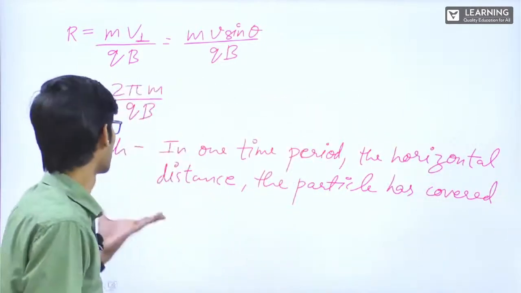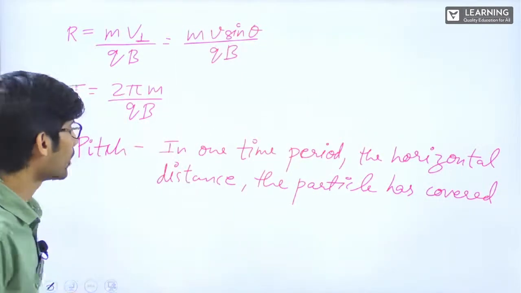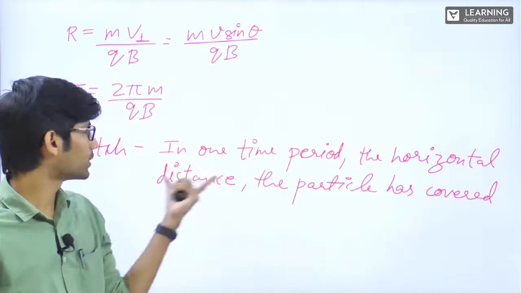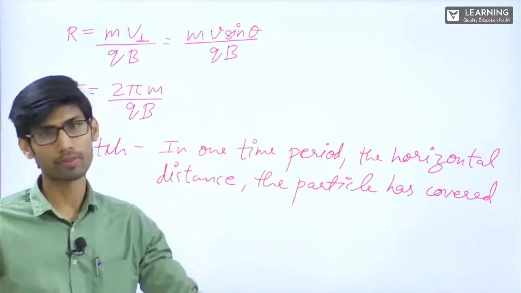Or instead of horizontal distance, you can write the distance which the particle has covered in the direction of the magnetic field.